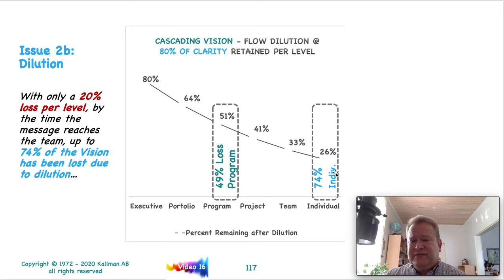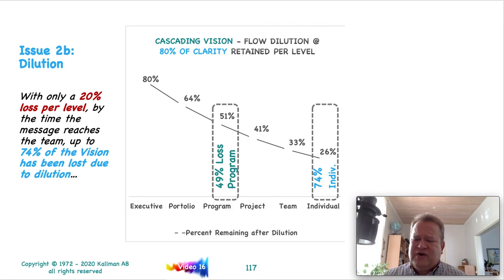So if it's 20% loss per level, already at the program level, you've lost basically half. And by the time the message gets down to the individual, you're at 26%. That's almost gridlock.